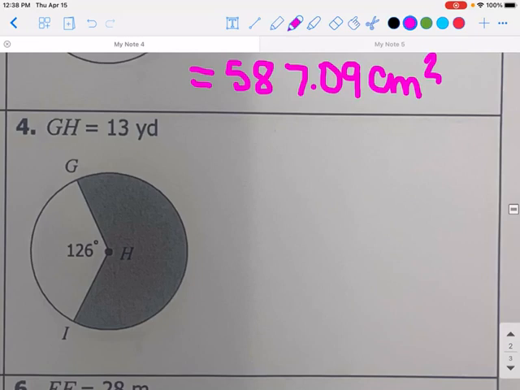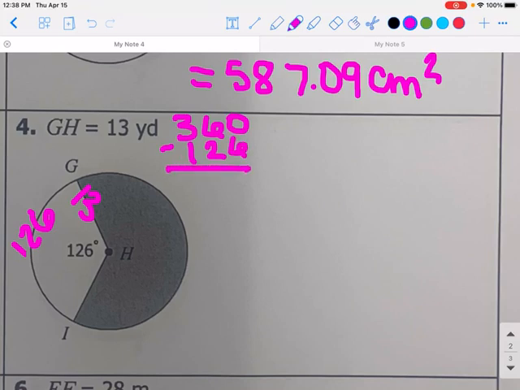GH is 13. The angle in this case is 126, which means this arc is 126, but we've been finding the area of the shaded sector. So we have the non-shaded arc, which means I have to subtract from 360 first. I should get 234.